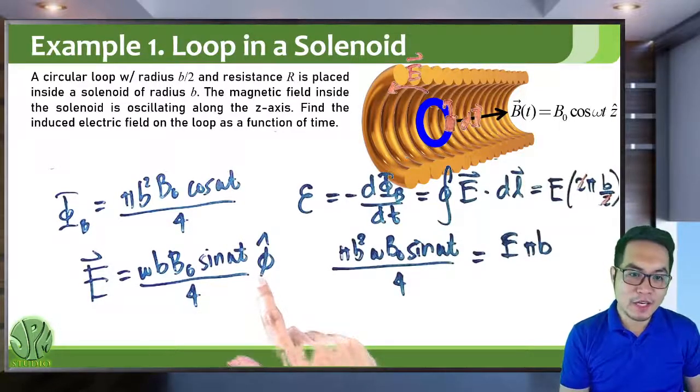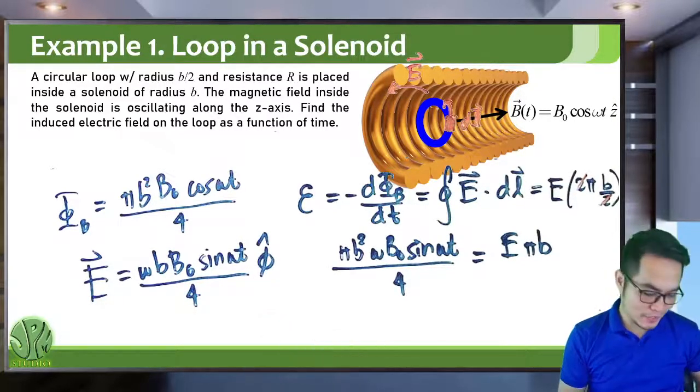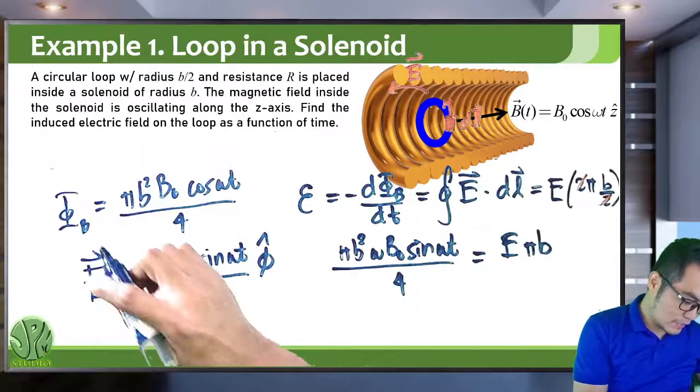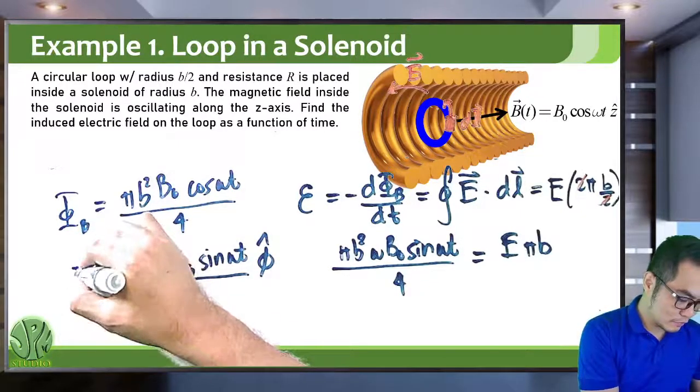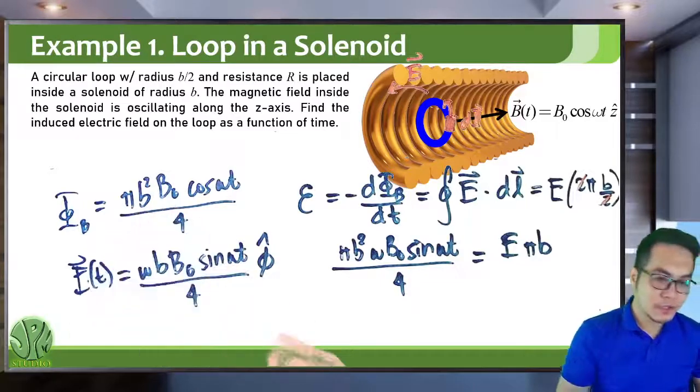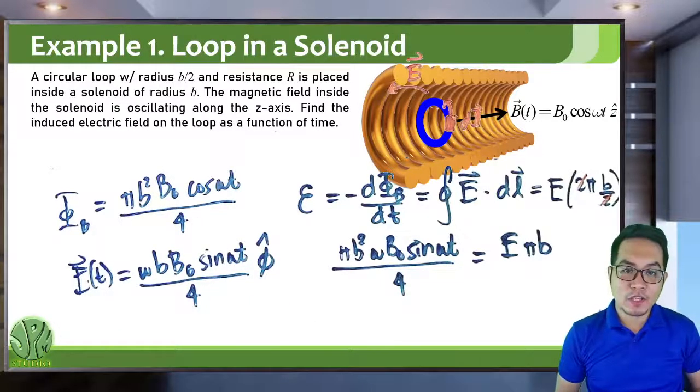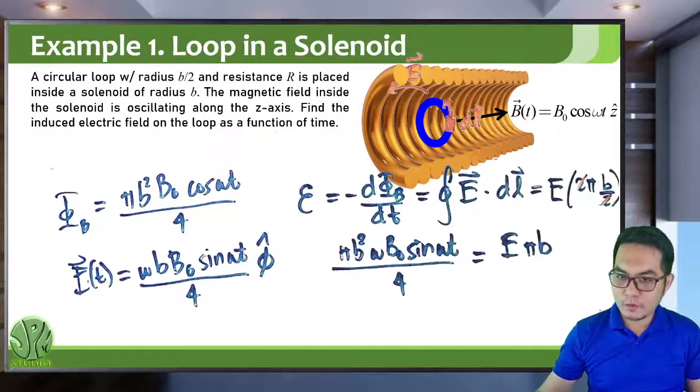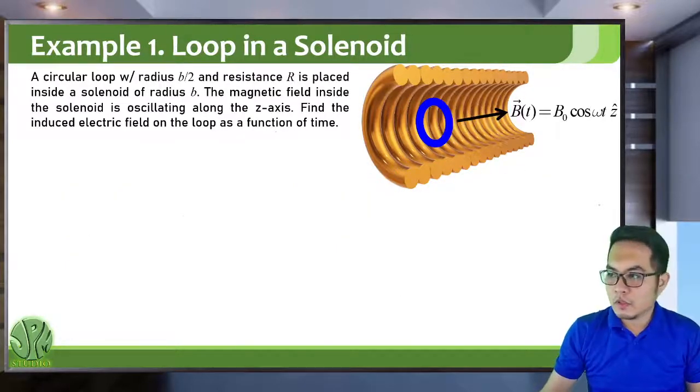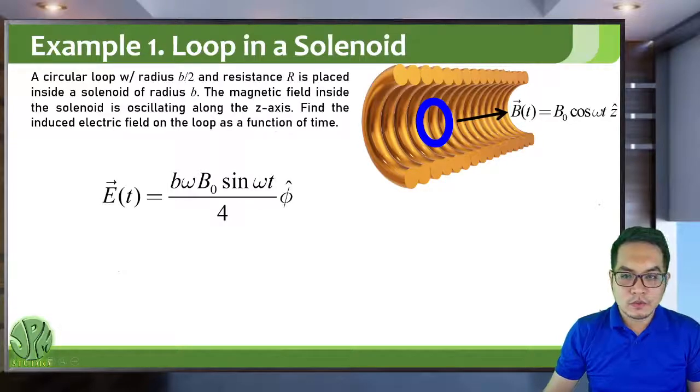Half of the time it's phi hat, half of the time it's negative phi hat. By the way, I forgot to emphasize that this electric field is time dependent. It's an electrodynamic field. So this is our result for the electric field.